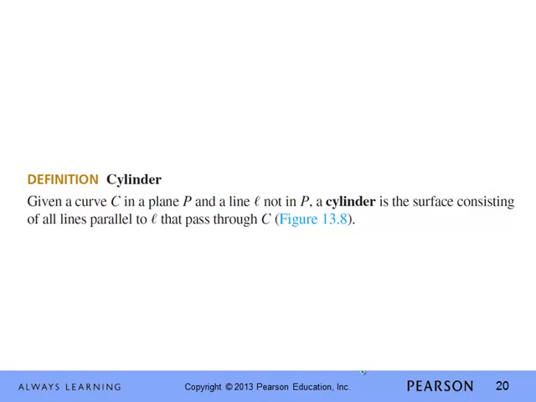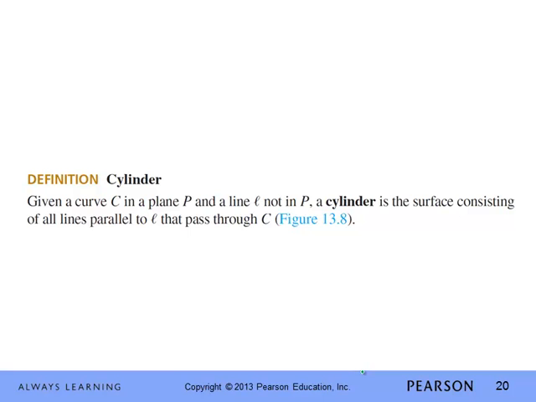Now we all have an idea of what a cylinder is. It's like the shape of a pop can, right? Just basically a circle that's expanded in a 3rd dimension linear-wise.